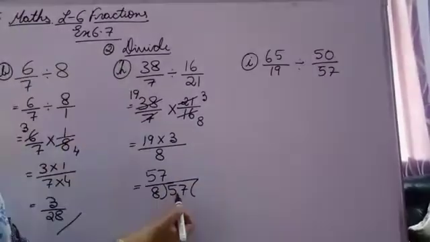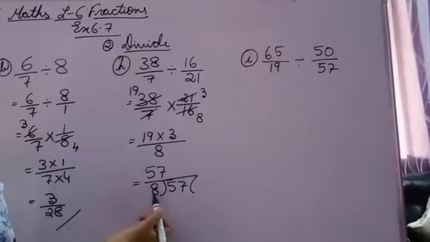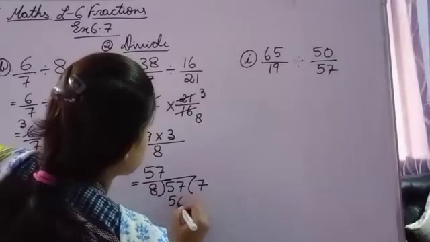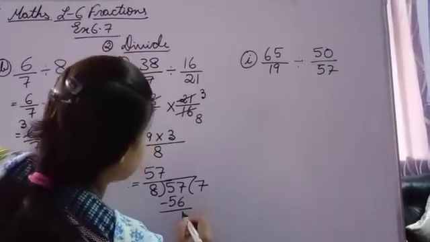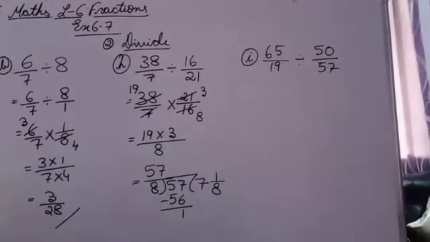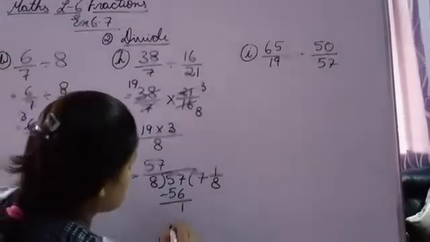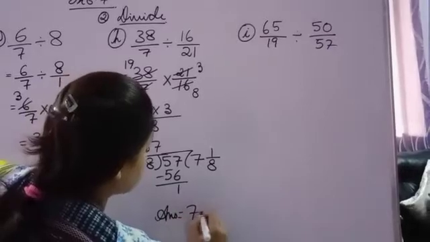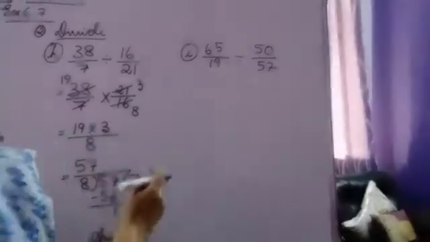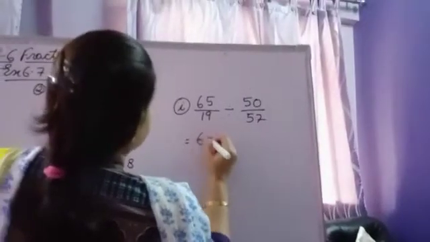Now 57 divided by 8. 8 into 7 is equal to 56. So the remainder is 1. So the answer will be 7 1 by 8. So what is my answer here? 7 1 by 8.